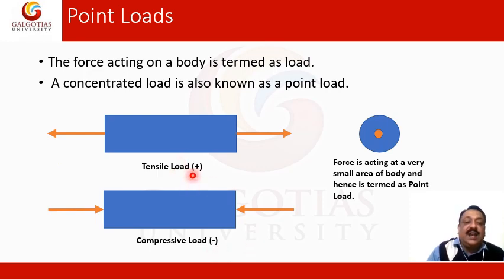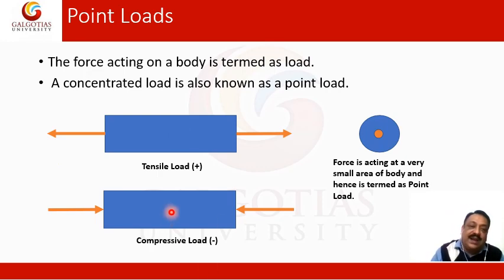So a tensile load, if you look at this, the two equal and opposite yellow forces are pulling a blue bar, so they are trying to increase or stretch its length. When the length is increasing, this kind of load is known as tensile load, and it will tend to increase the length of the member.